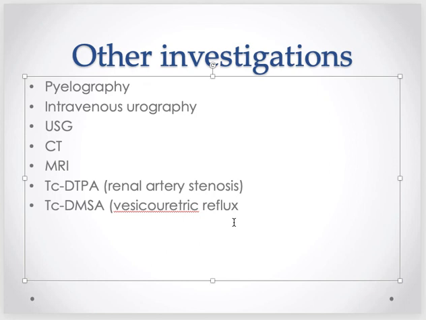The same applies to pyelonephritis, to see if there is any kidney scarring. So it is a very good technique to check the shape, the size, and the functionality of the kidney.